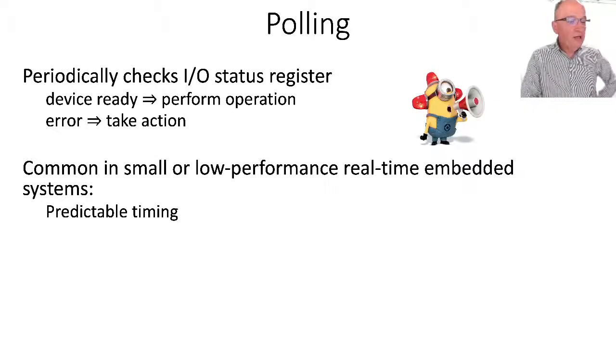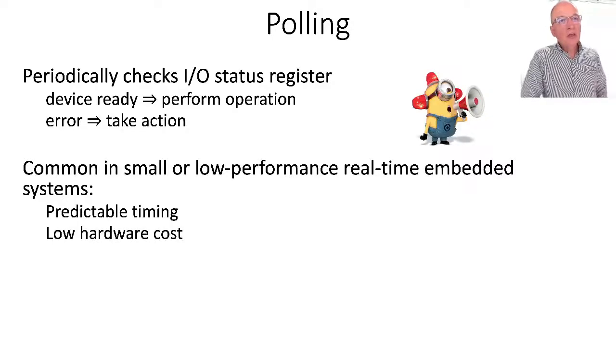An example of such a system would be the system that controls the brakes and the engine and everything in your car. In such an embedded system, you want very predictable timing. You cannot allow too much time to occur between two different polling events, for example. So whenever you need to control the timing, interrupts may not be the best solution, and polling is a better solution.